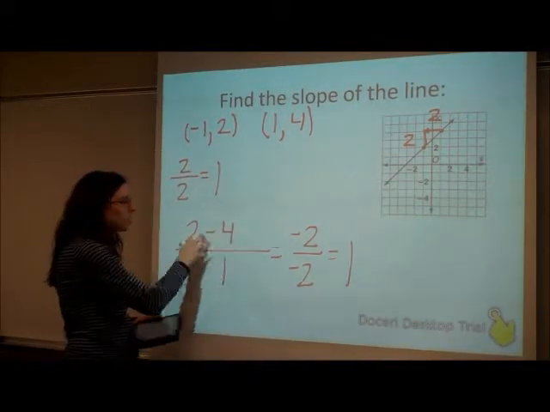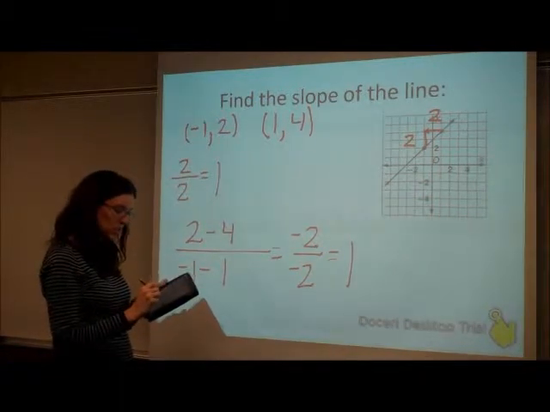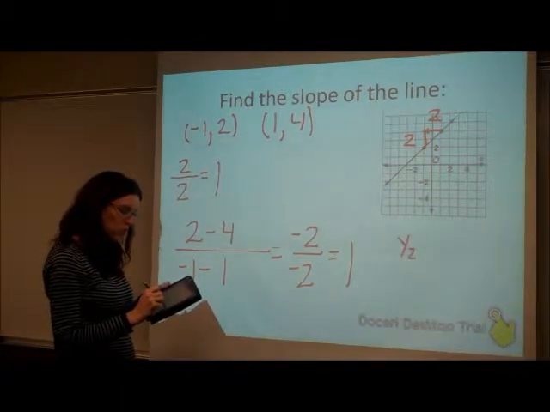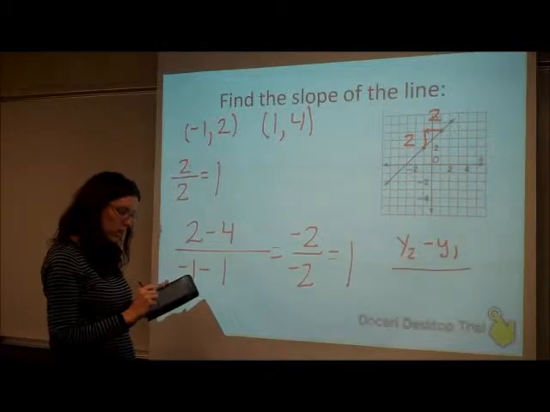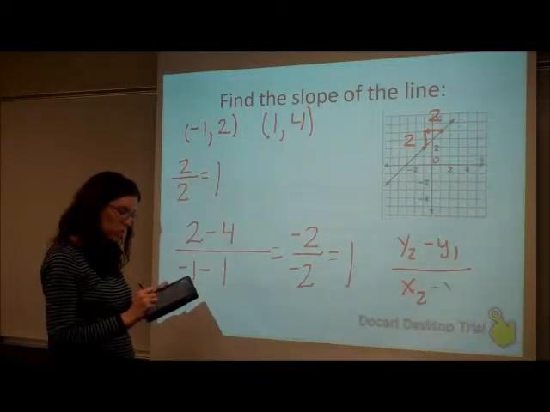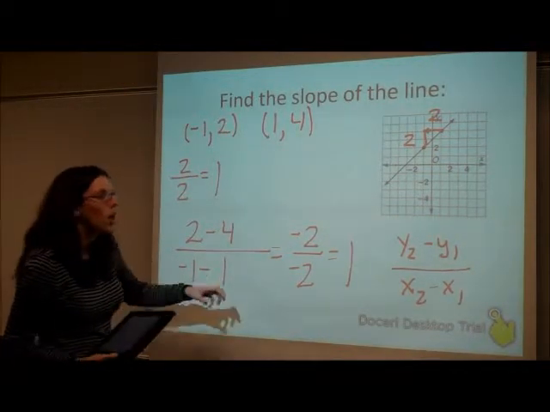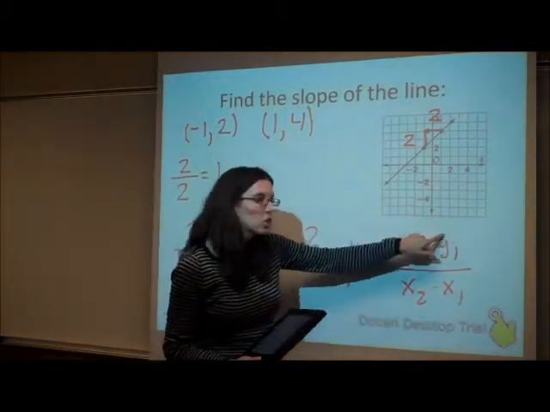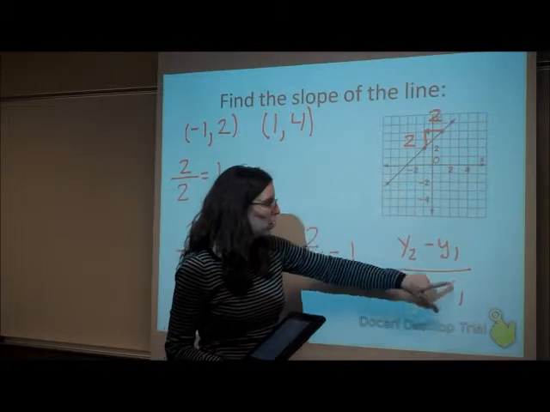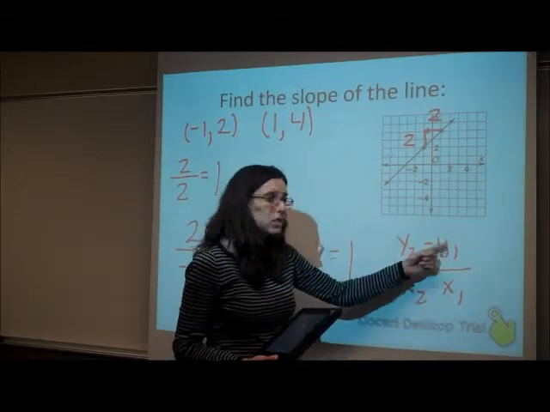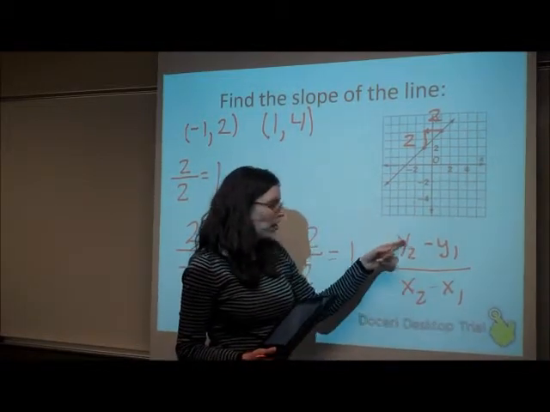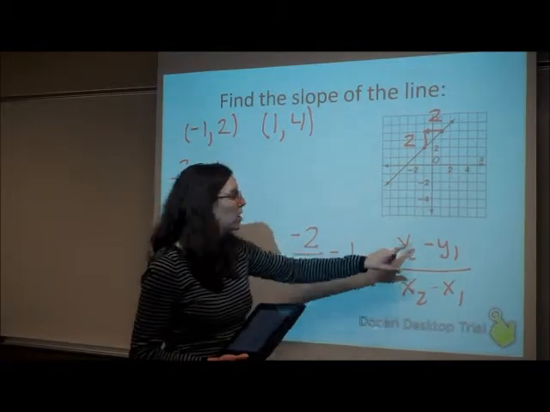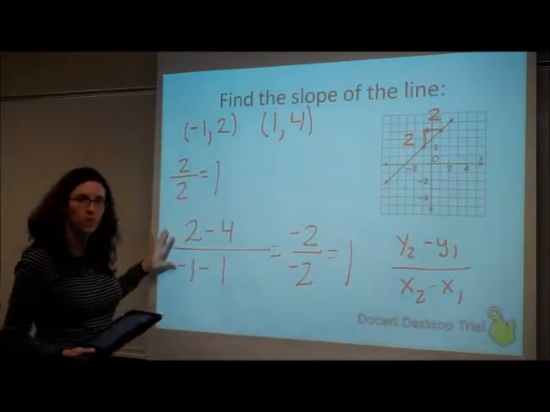Okay? A lot of times you'll see this represented as y2 minus y1 over x2 minus x1. All that means is that here's one of your coordinates, here's another point, the x and the y are paired, okay, these x and y are paired, and you're subtracting them, okay?